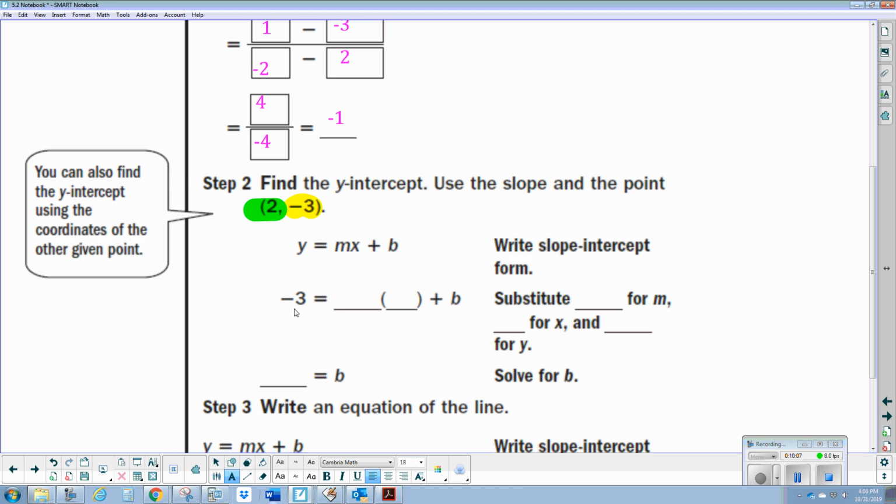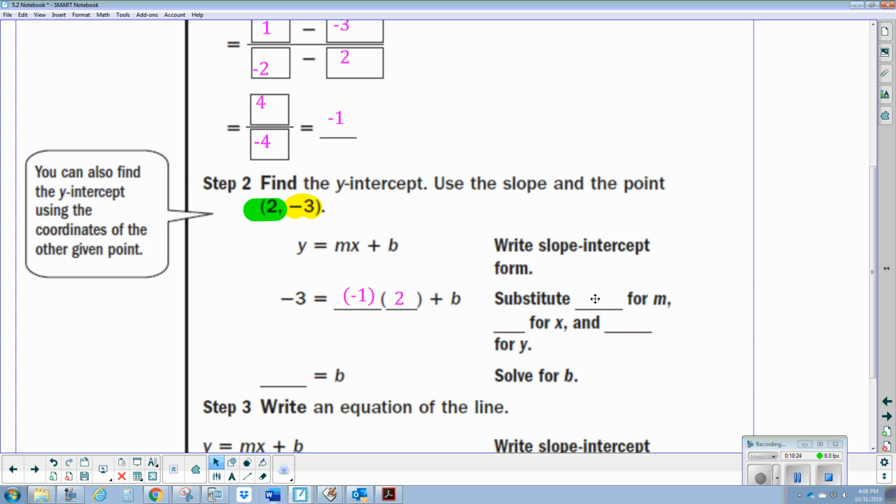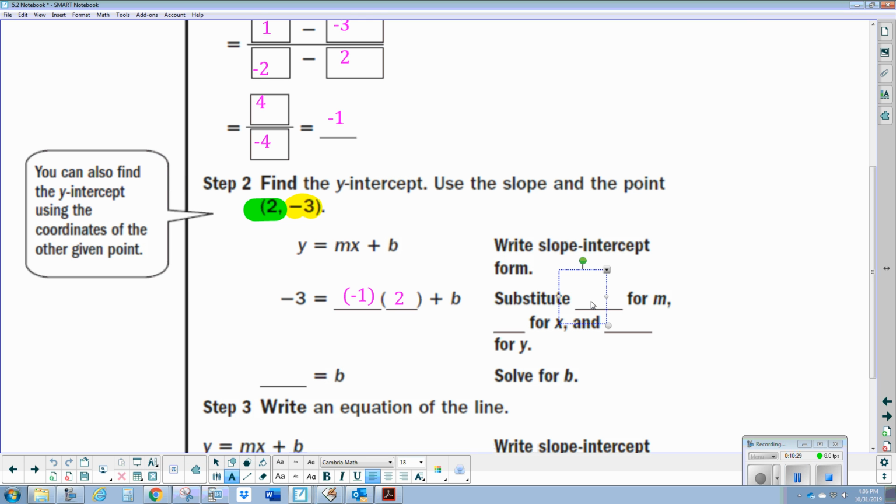Okay, so now I can go ahead and substitute in my values. Y is -3, my slope is -1, and my x-coordinate is 2. I need to solve for my y-intercept. Okay, so I can substitute my slope value, which again I said was -1, because that's what I just found in the example above.